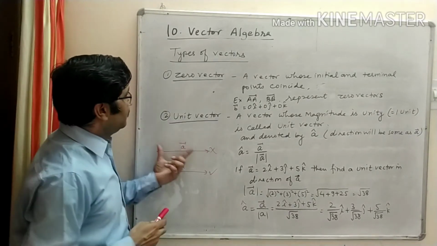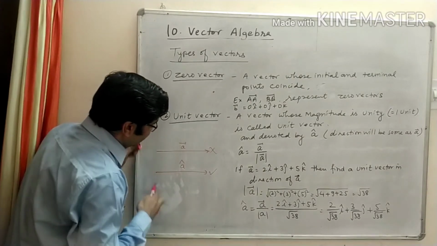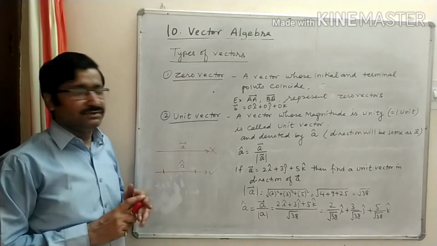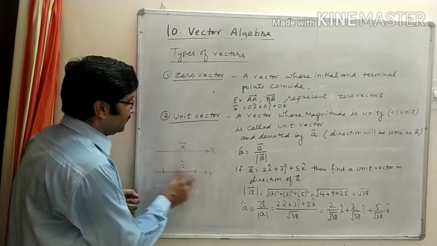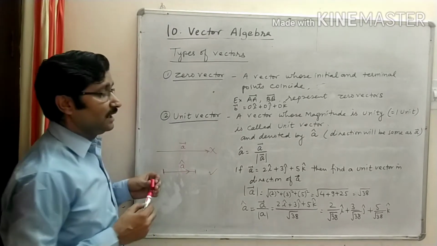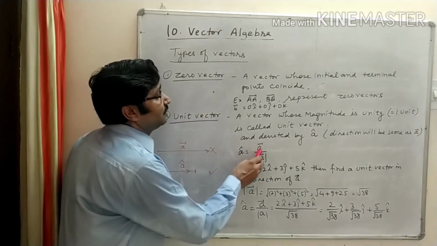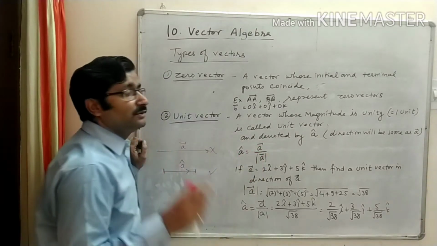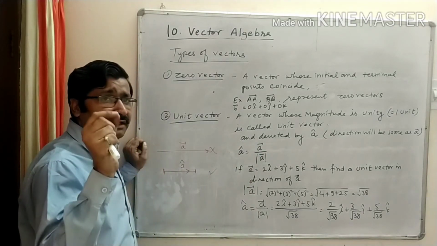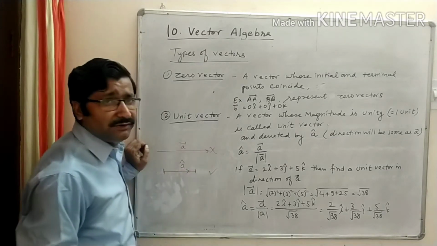Changing it into a unit vector means its magnitude, that is the distance, will be 1. So you convert this vector into a unit vector, meaning its magnitude will be 1. How can we change it? By the formula, a cap will be equal to a vector upon magnitude of a. Any vector you divide by its magnitude will be changed into a unit vector.